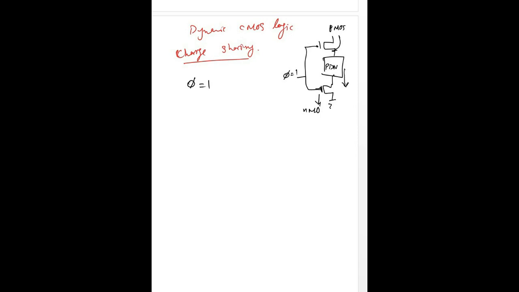For example, we were considering a case where we have designed a circuit somewhat like this one. We have 3 inputs in our pull down network. Then we have an NMOS, which is connected to our phi, which is equal to 1 in this case. We have these 3 inputs, and we have an output node capacitor present here.